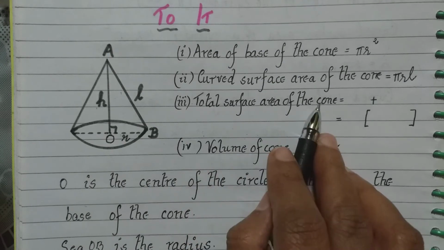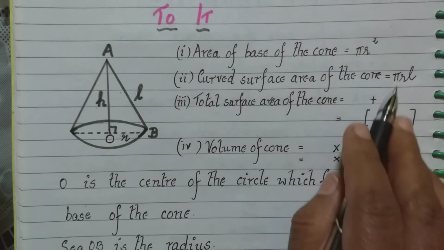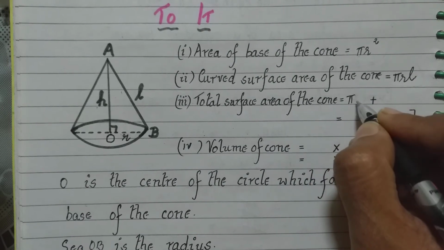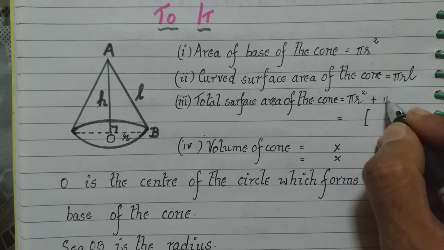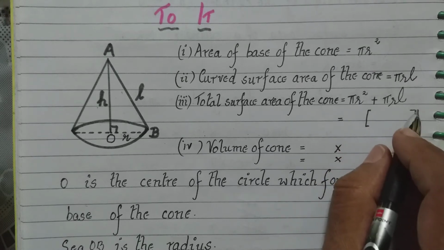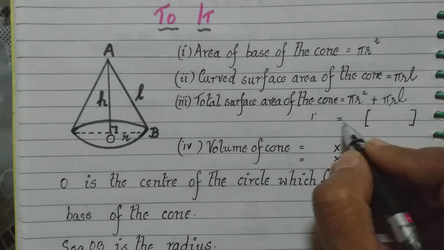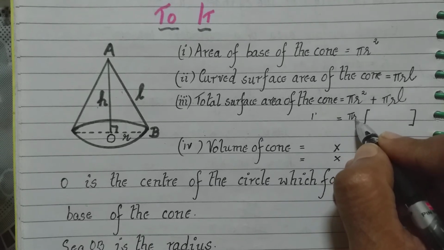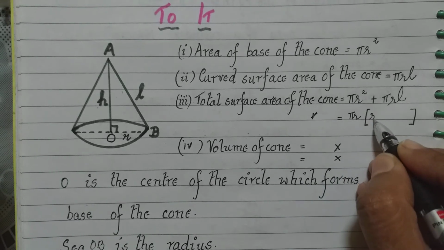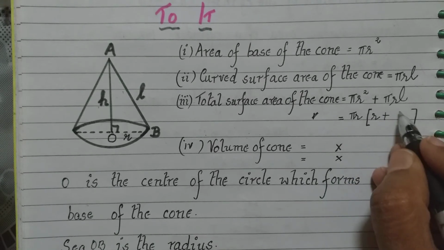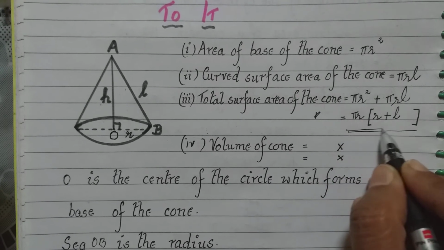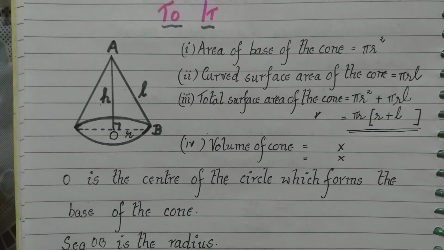So what will be the total surface area of the cone? Area of the base of the cone plus curved surface area of the cone, that is pi r square plus pi r L. Now in both pi r square and pi r L, we see that pi r is common. So this is equal to pi r, which is common, and what is left? One extra r here, and one extra L here. So pi r into L plus r, or pi r into r plus L.